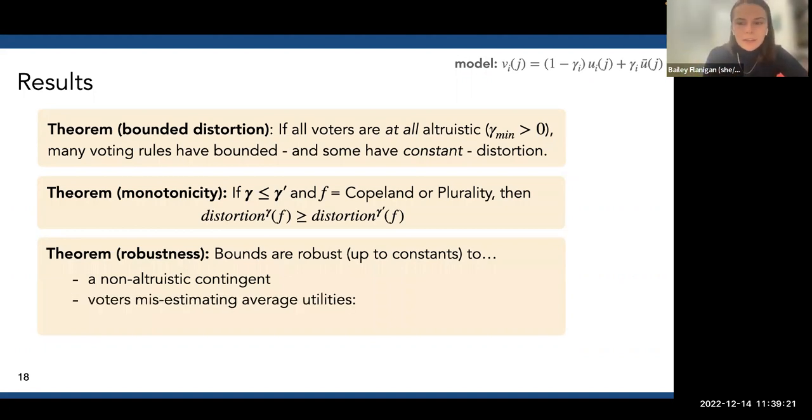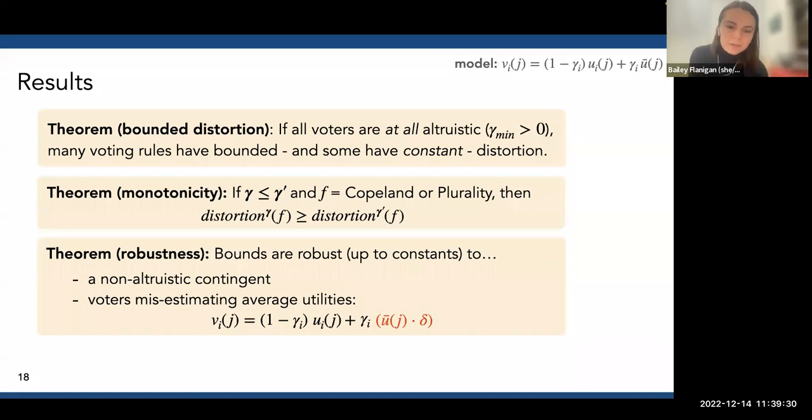I think a more interesting kind of robustness, which gets at Aaron's question, is robustness to voters misestimating the average utilities. In the process of deliberation, people will learn over time a better and better understanding of how different alternatives will benefit or not benefit the population at large. But we cannot expect these estimates to be accurate.